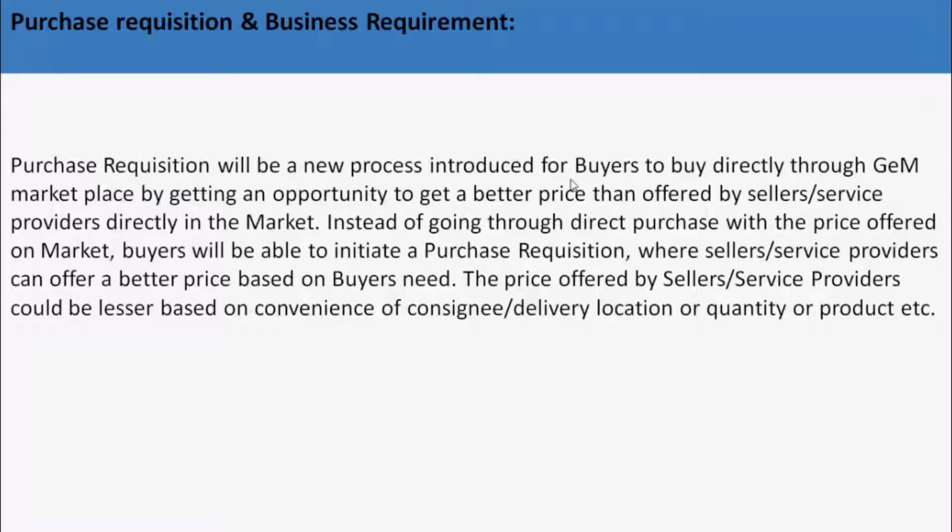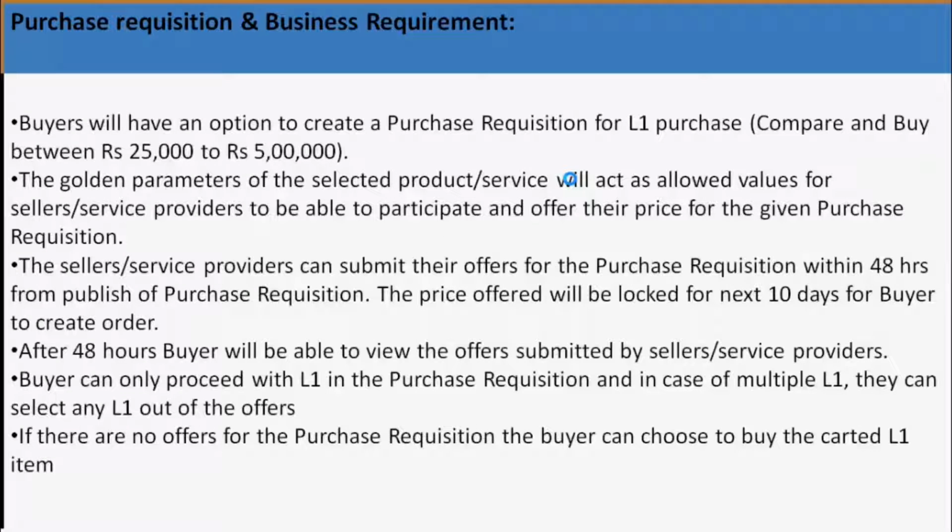The price offered by sellers or service providers could be lower based on the convenience of the consignee, delivery location, quantity, or product. Buyers will have an option to create a purchase requisition process for L1 purchase.